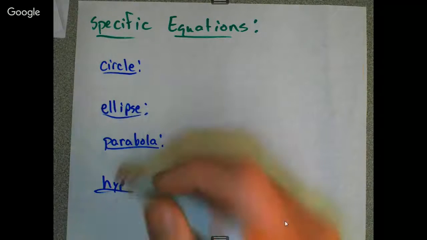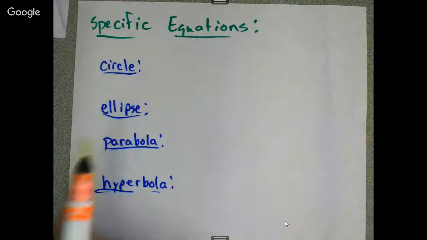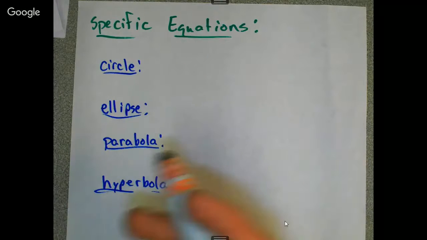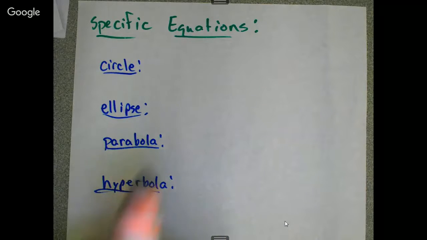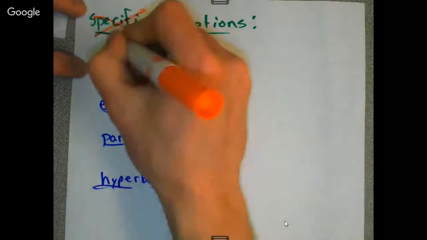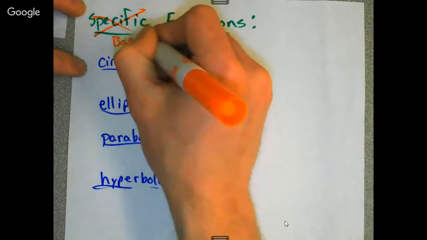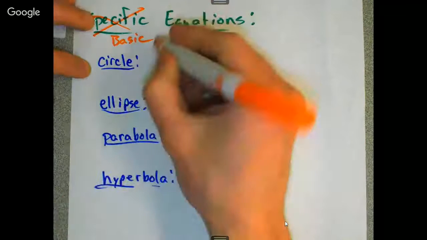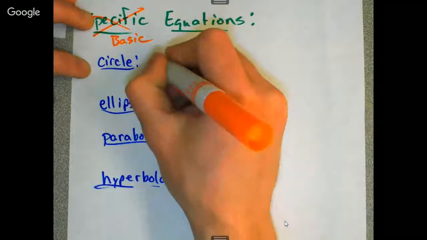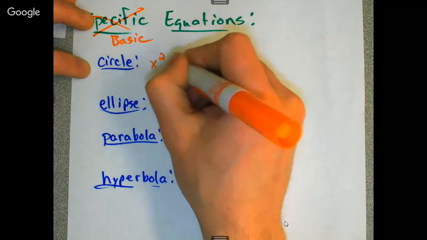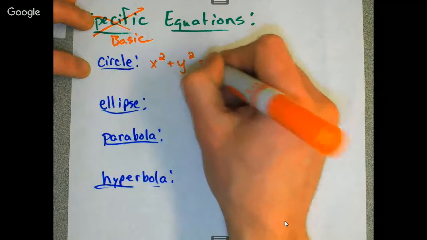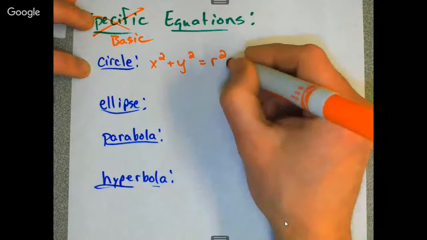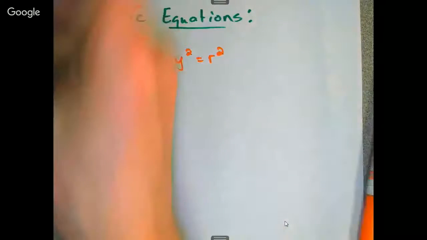Remember, we can shift these things up, down, left, right, stretch, shrink, all that kind of stuff. But these are the basic equations for each one of these. So a circle, we have x squared plus y squared equals r squared, and r is our radius.